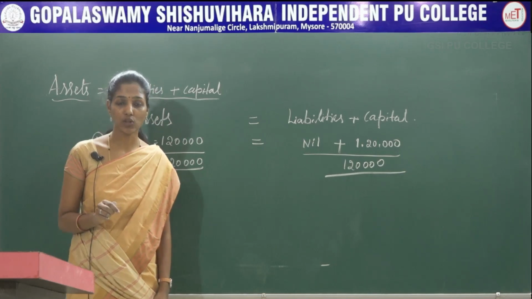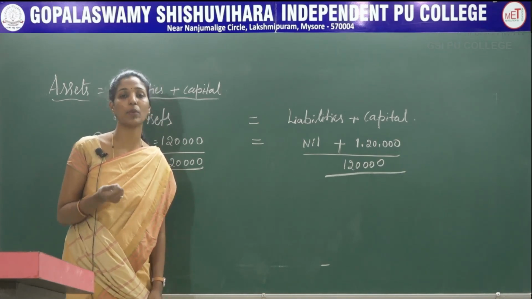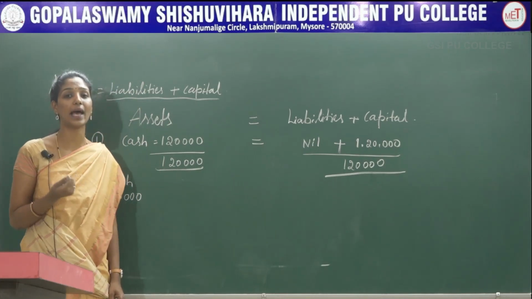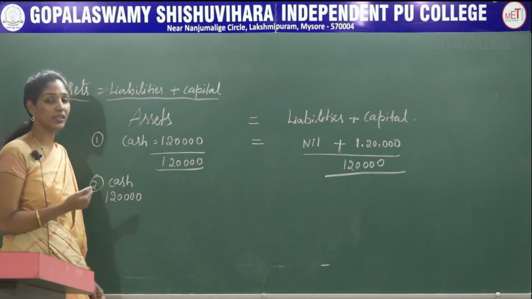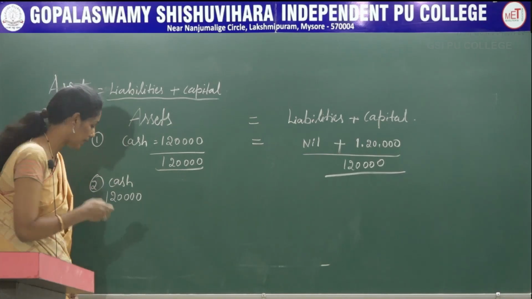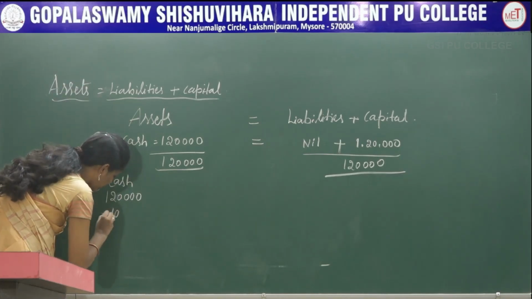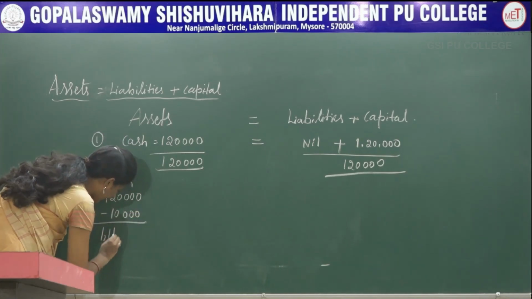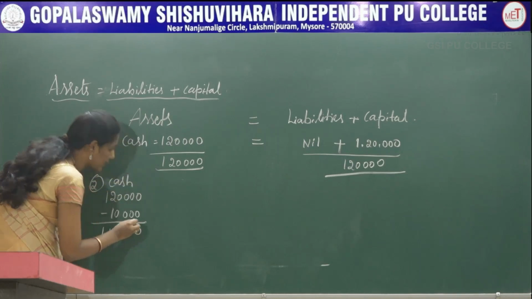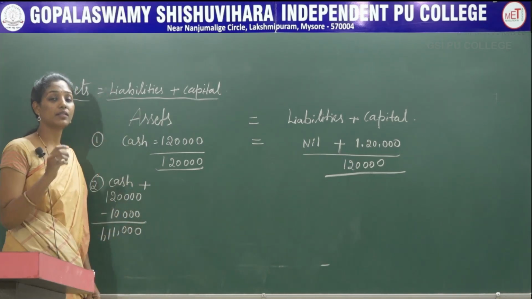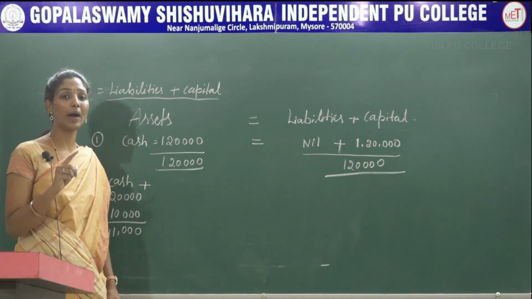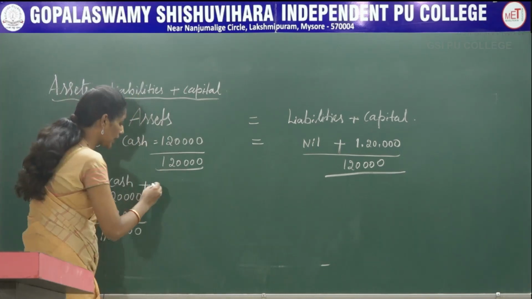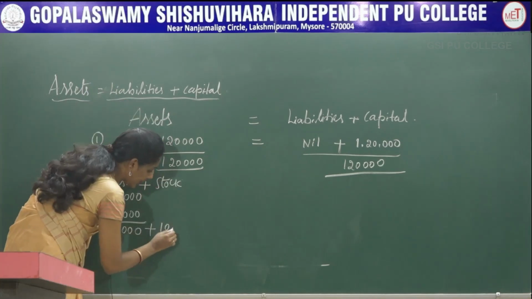So this transaction reduces the cash balance by rupees 10,000, which means you have to deduct 10,000 from the cash balance. 10,000 minus 10,000, you will get 1,10,000 cash balance. And at the same time, this transaction creates stock by rupees 10,000 on the asset side of the equation. So you should write stock plus 10,000.